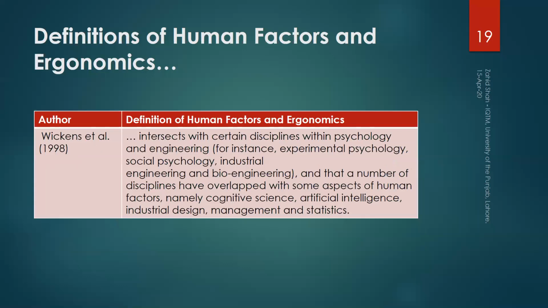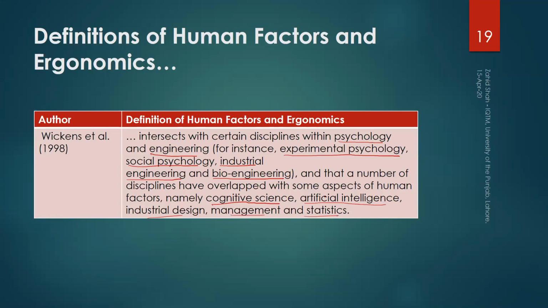The definition by Wickens et al. is that ergonomics intersects with certain disciplines of psychology and engineering. For instance, experimental psychology, social psychology, industrial engineering, and bioengineering. And a number of disciplines have overlapped with some aspects of human factors, namely cognitive science, artificial intelligence, industrial design, management, and statistics.